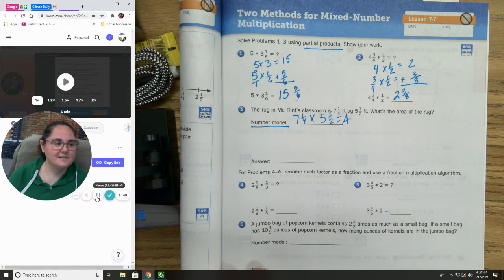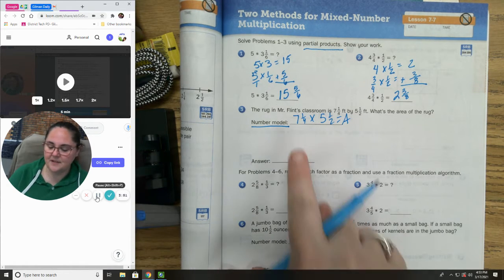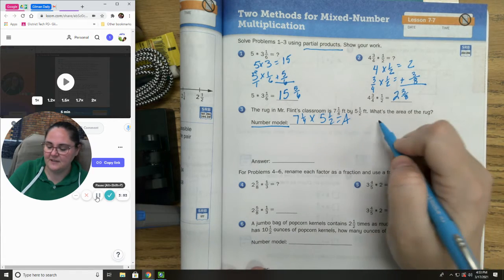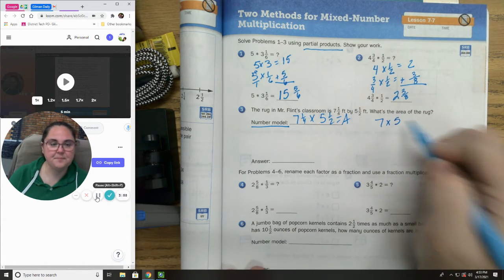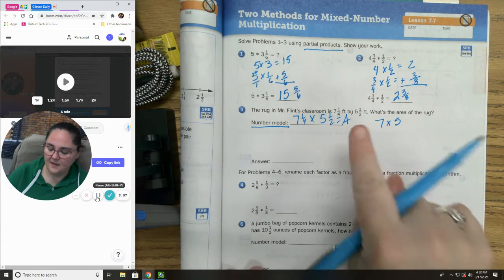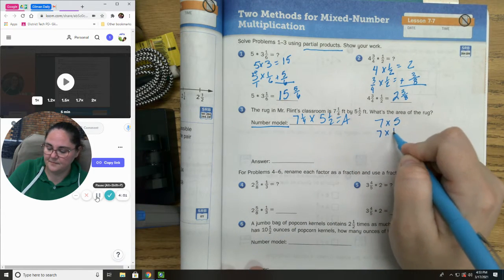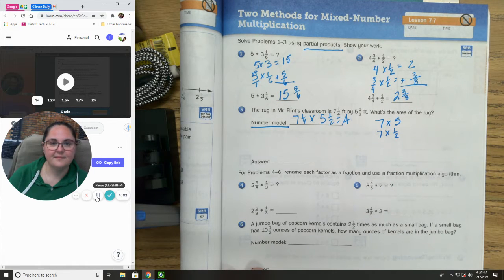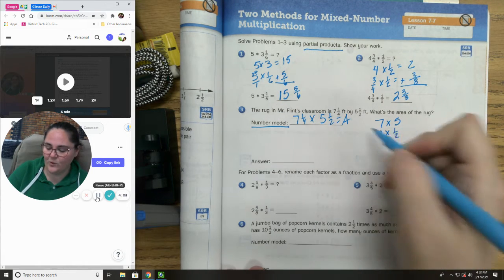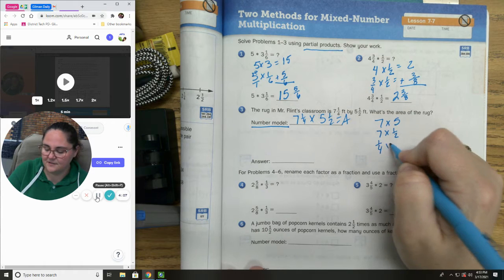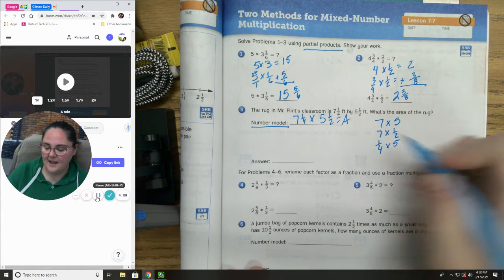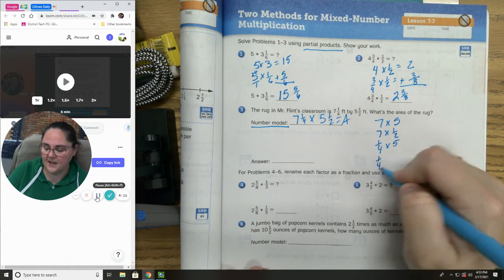It's like a tongue twister. I'm going to start with that 7. We're going to do 7 times 5. Then we're going to do 7 times 1/2. Then we'll do 1/4 times 5 and 1/4 times 1/2.